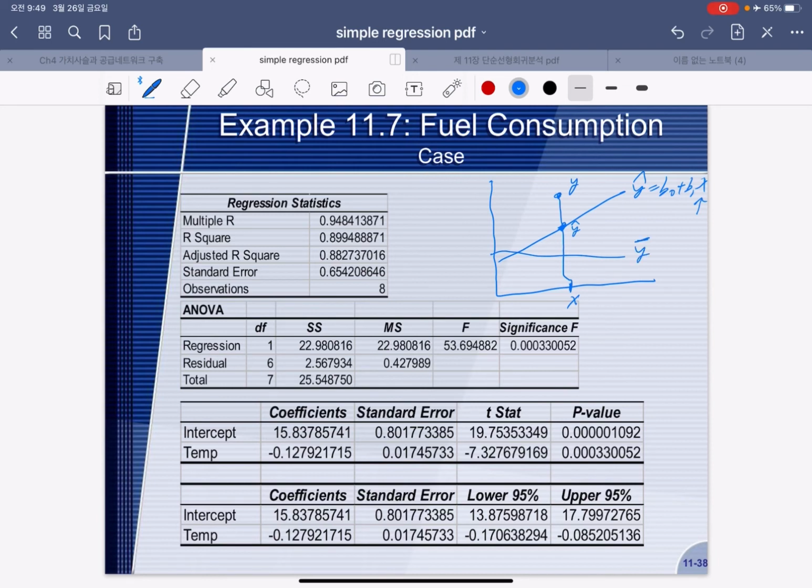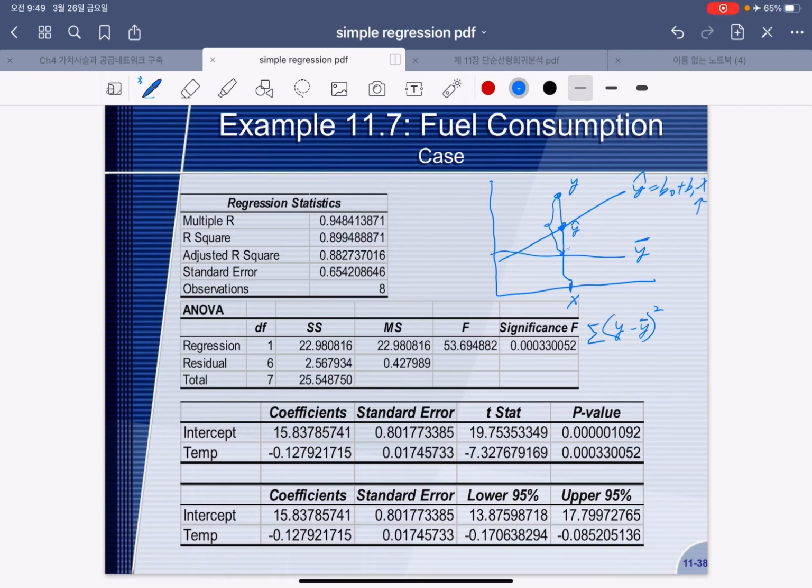Now, this part is called the total variation. So y minus y bar is the total variation. And since we have many of these, and this can be either positive or negative, you want to make these positive numbers. So you square this thing, and then you add these up. This is called the total variation.